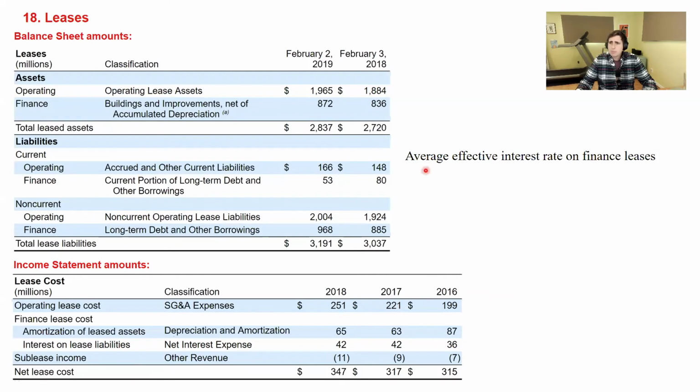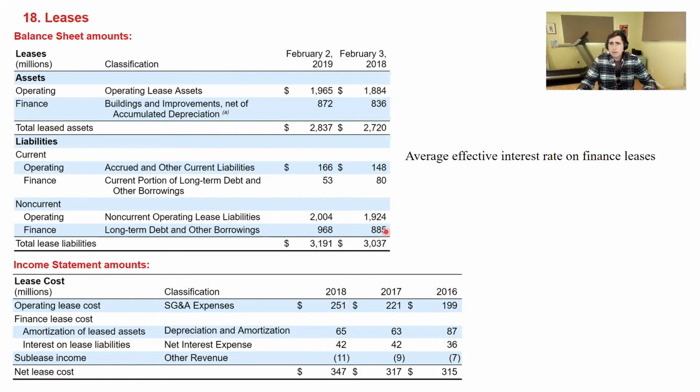What I'm going to do is calculate the average effective interest rate on finance leases. Recall that the interest expense is equal to the effective interest rate times the beginning of period book value. So interest expense is right here, interest on lease liabilities, and this is for a finance lease. That's $42 million in interest expense. What is the beginning book value of the finance lease liability? Well, it's right here.